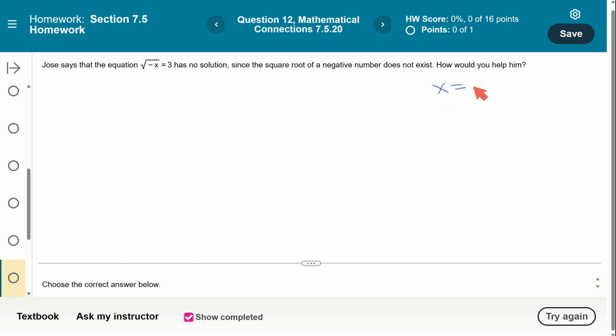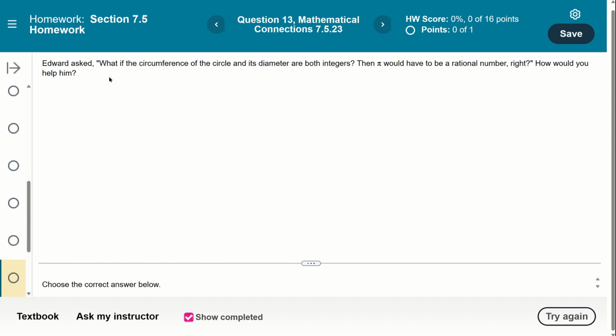If x is negative 9, what's negative x? That's going to be 9, right? And then the square root of negative x is just going to be the square root of 9, which is 3. So you see, Jose is not necessarily right because we have an unknown under the radical. And that unknown may be negative, which means its opposite is positive, which means the square root can be perfectly, legitimately performed, and this can work.